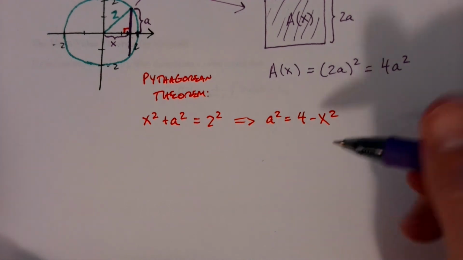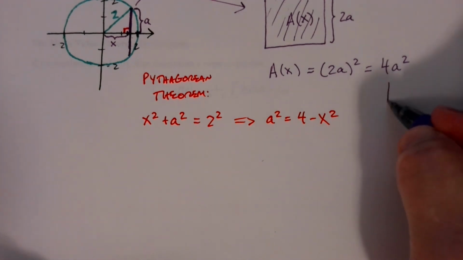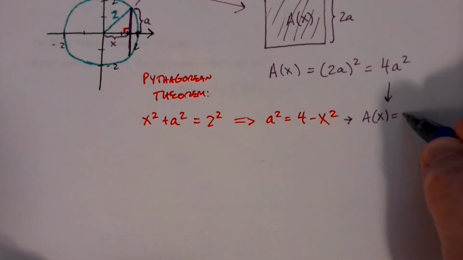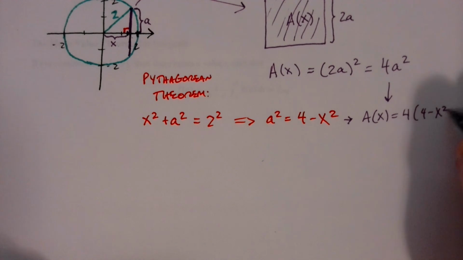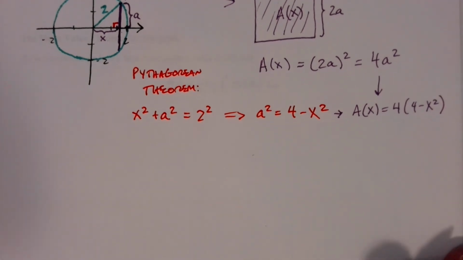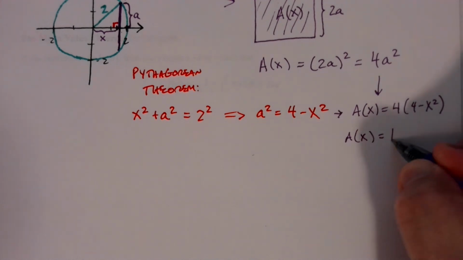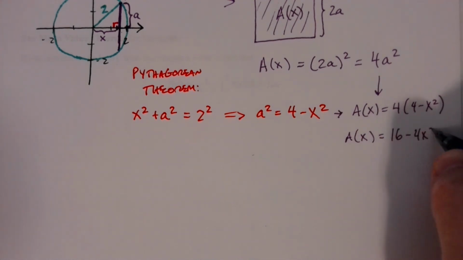And so with this information, I'm able to deduce now that the area as a function of x is 4 times a squared, which is 4 minus x squared. Or if I want to distribute that 4, the area is 16 minus 4x squared.